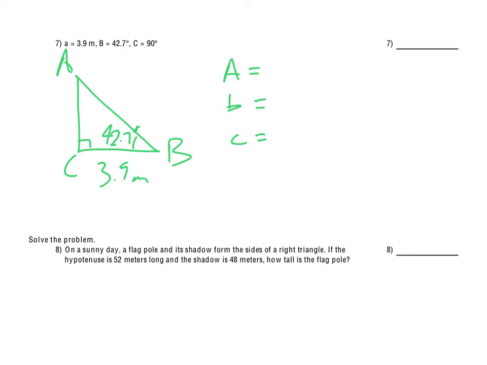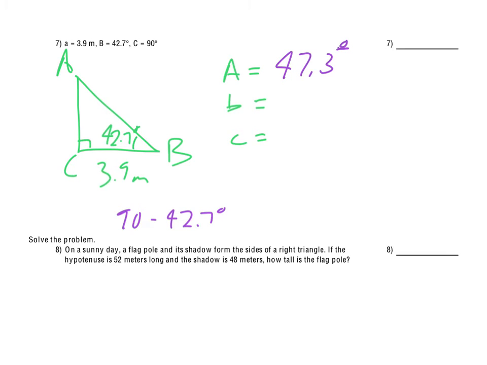Angle A might be the simplest. Angle A would just be 90 minus the 42.7 degrees, so we get 47.3 degrees there. Now since I only have one side length, I have to use trig functions to find the missing side lengths. I have angle B, so I'll be working from there.